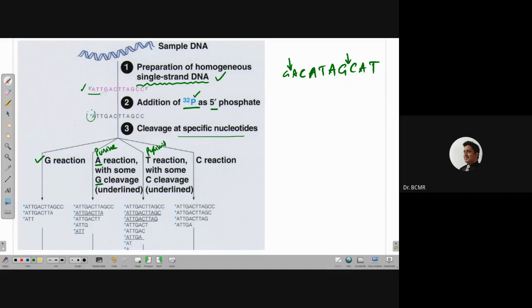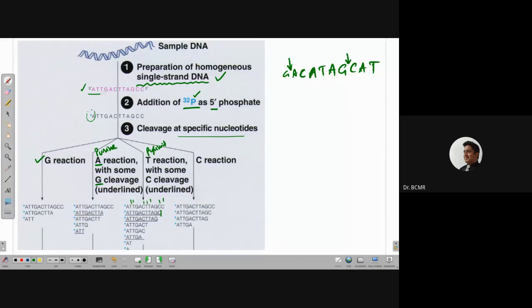There is another reaction that is pyrimidine specific. Wherever there is a pyrimidine, there will be a cleavage. Like you see in this reaction, C is there. There are T, T, C, T, T, and CC. So you may have a cut. You will take several, say hundreds of this single strand, and you perform the pyrimidine specific reaction. It is not complete; it's a kind of partial degradation.